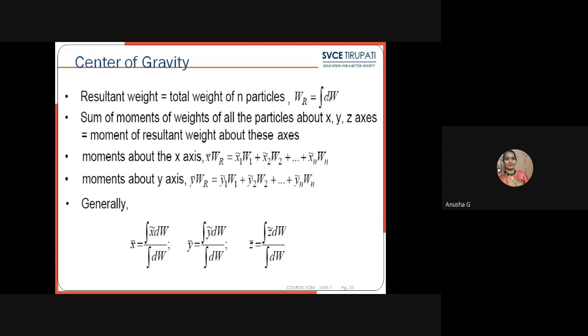That means x bar, the centroidal distance at that point with respect to the x-axis, equals x1 W1 plus x2 W2 plus x3 W3, like that. If you are considering the moment about the y-axis, then our value will be y bar into WR, that will be y1 W1, y2 W2, like this has to be considered here.